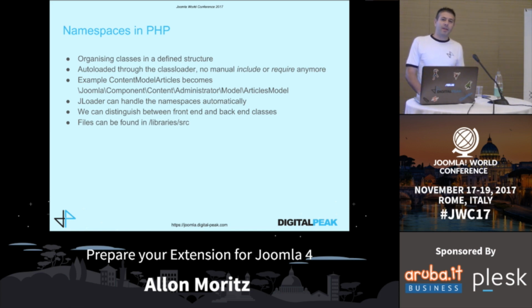In 3.8, we already migrated the libraries. So what was in libraries Joomla and library CMS, we migrated to namespaces. These classes can be found in library source. For 3.8 we published or announced that with this Joomla 4 compatibility layer. I'm talking more about that afterwards, but that's the first step to move the whole Joomla core to namespaces.